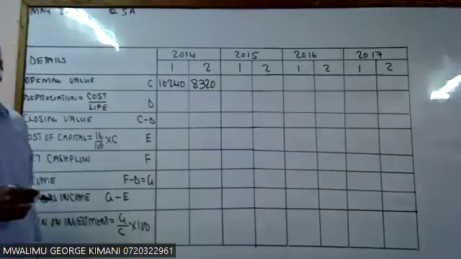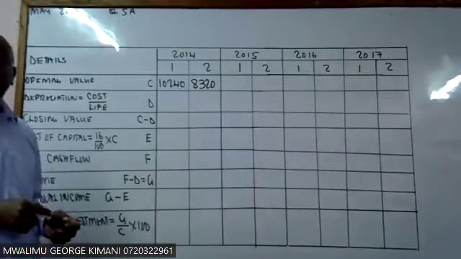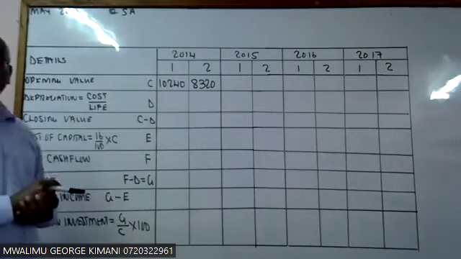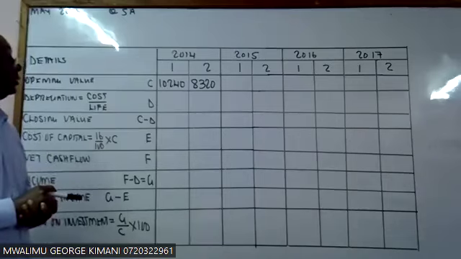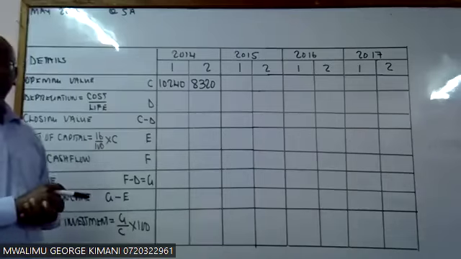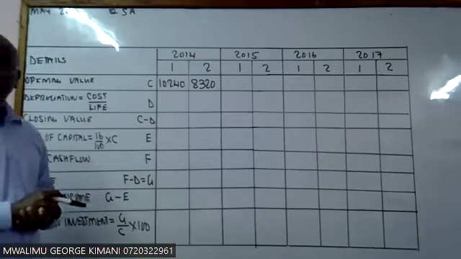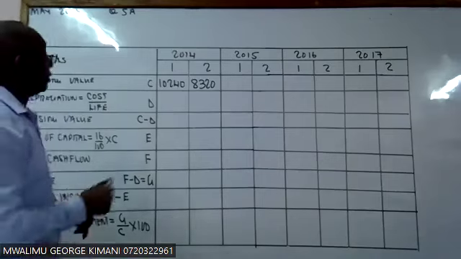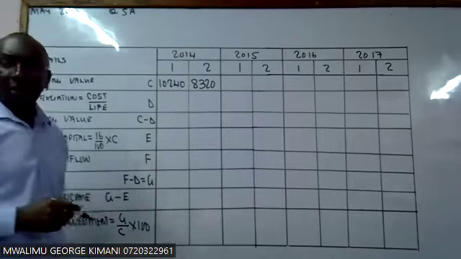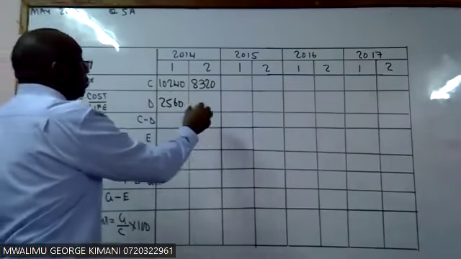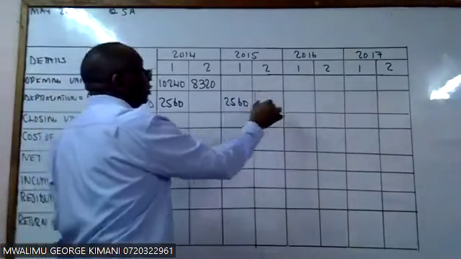Each of them has a useful life of 4 years, so divide by 4 to get the depreciation. 10,240 divided by 4 is 2560. Put that 2560 in every place of project one.